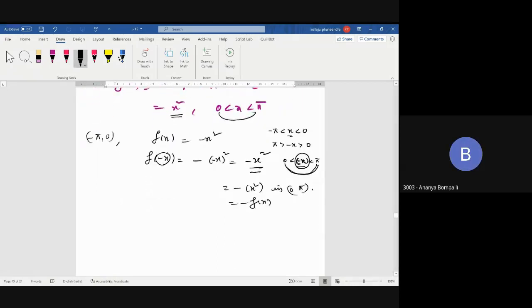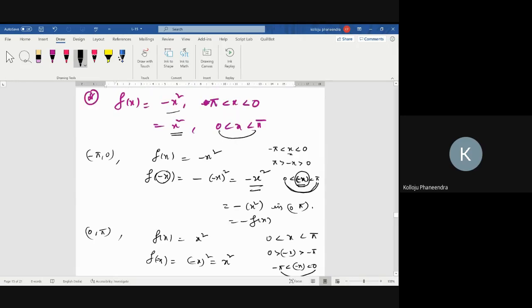Same logic, consider 0 to pi. What is the function actually? x square. Now replace x by minus x. This is minus x square, this is x square, and our interval is 0 to pi. When I replace x by minus x, multiplying by minus, minus x is less than 0. So in minus pi to 0, the function value is minus x square.